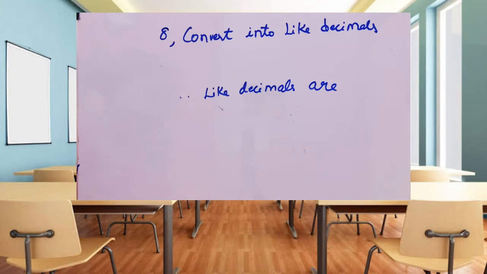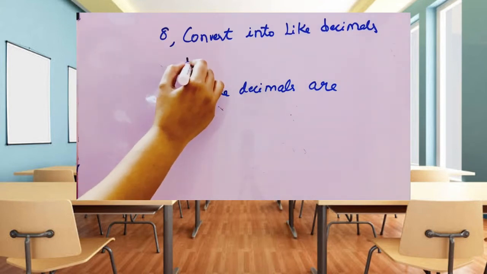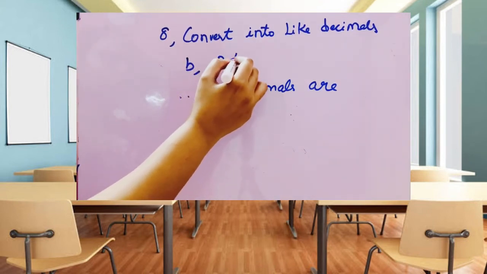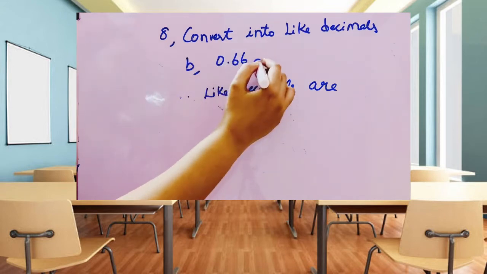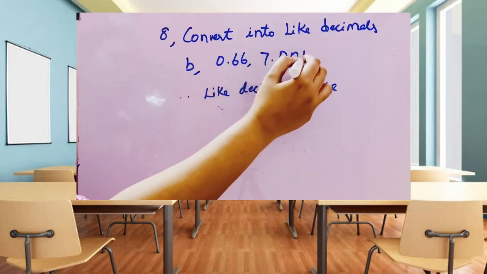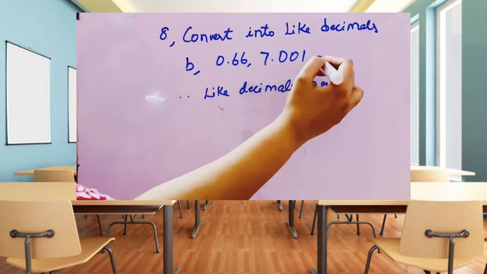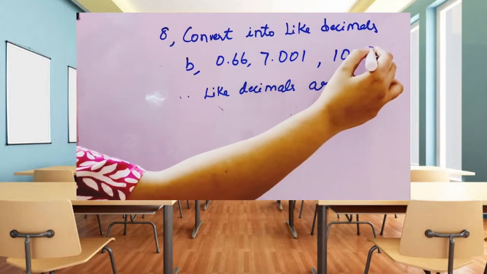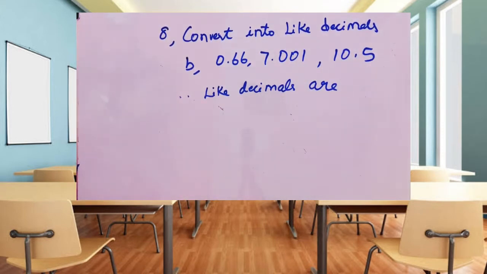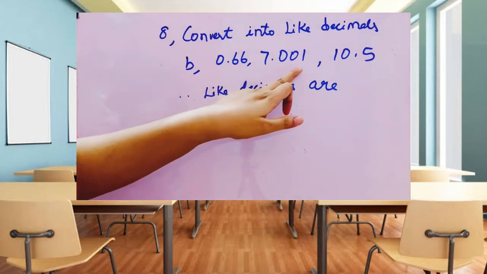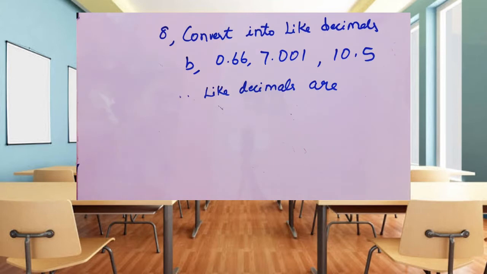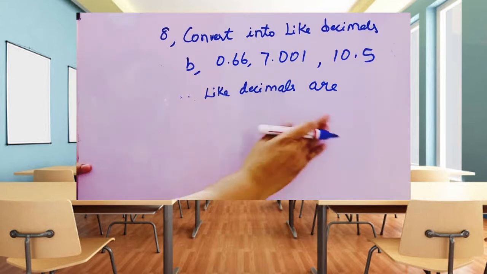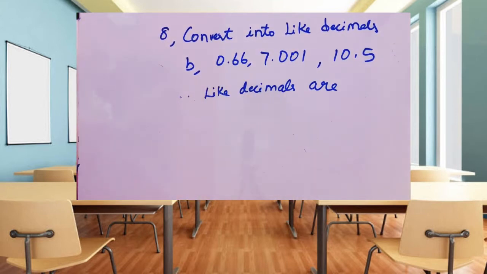Okay, so now the second one: 0.66, 7.001 and 10.5. In this second sum, here also we have the highest number of digits after the decimal as 3. So now we need to change all the numbers to have the same 3 digits to make them like decimals.